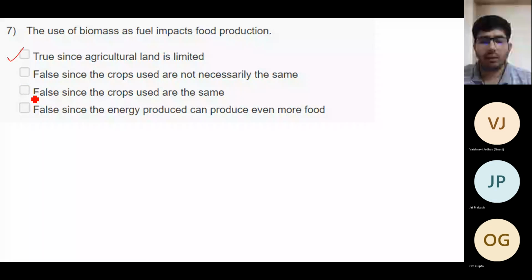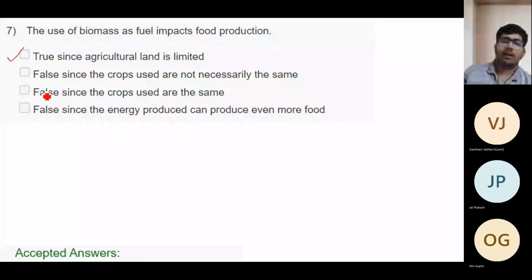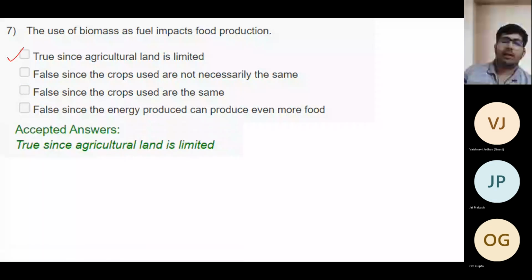Okay. So option A is correct, because just think about that, we are having limited agriculture land. So the land is limited. We have to find a balance. If every farmer will try to sell their crop for fuel production, then what about the food production?